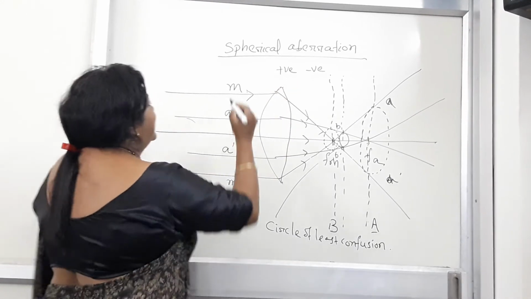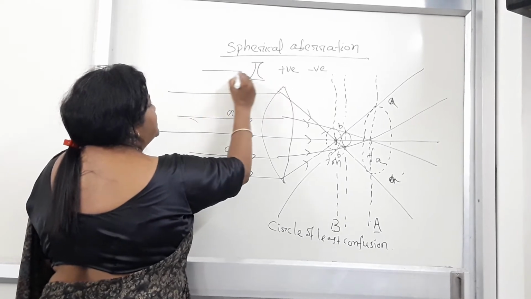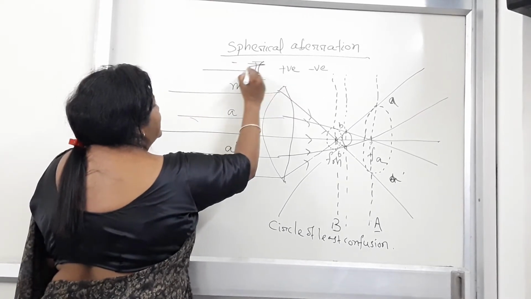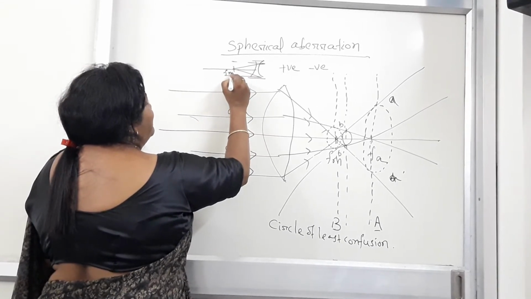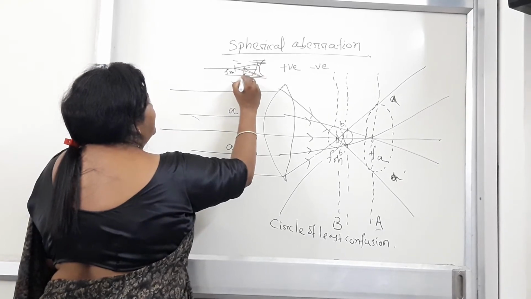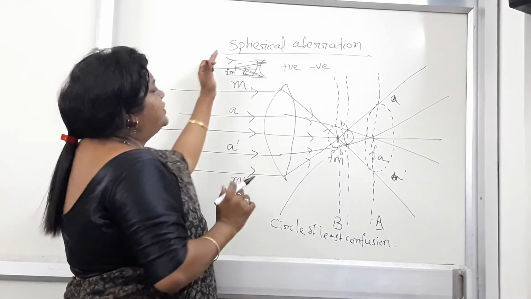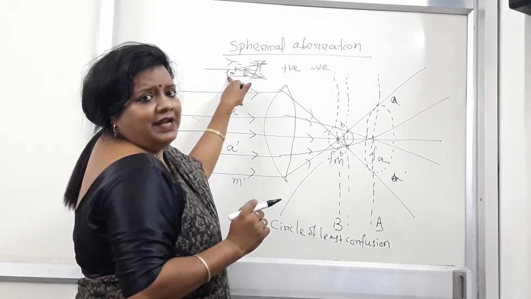That means converging lenses produce positive spherical aberration like this. Here is Fm, and this is Fa, on the side of the incident ray. This is called positive type spherical aberration.